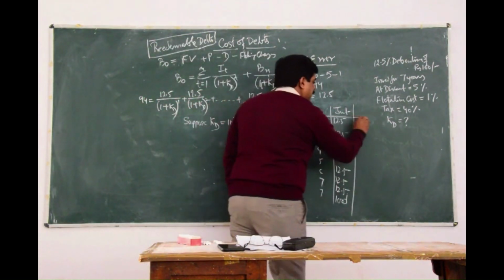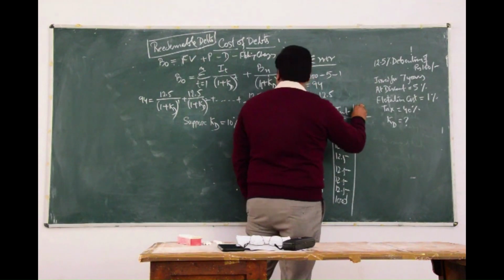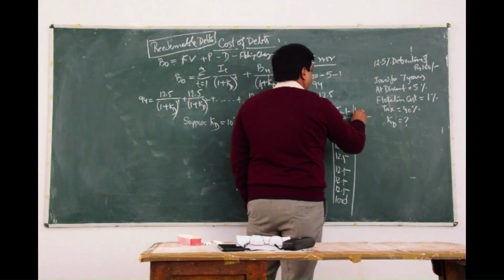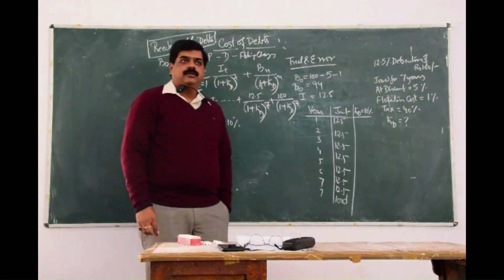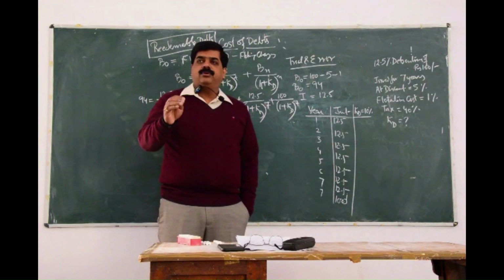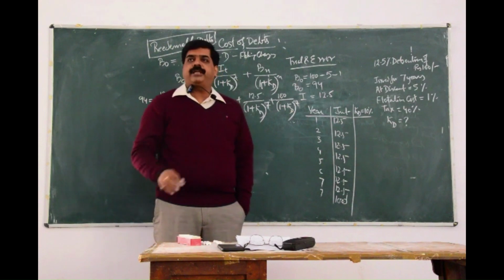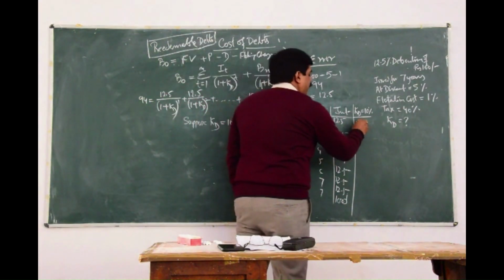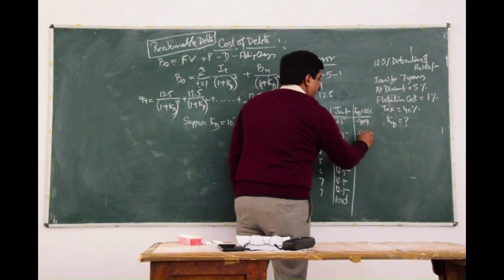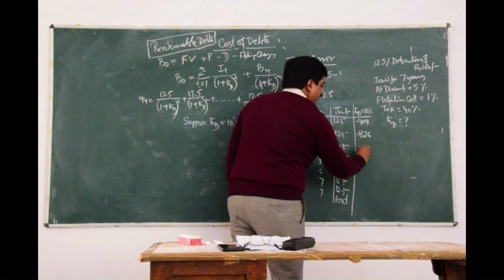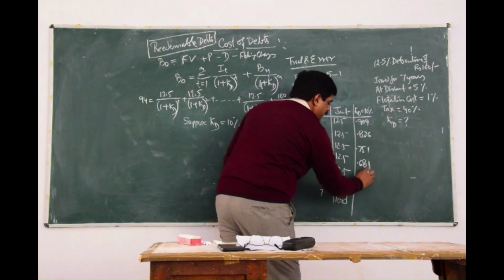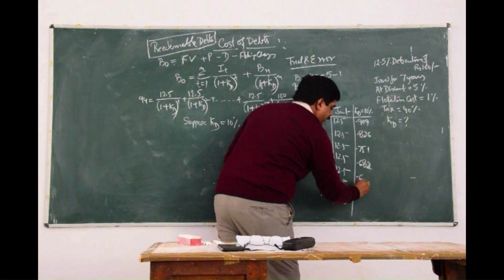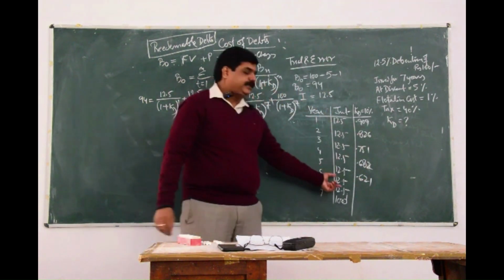You can multiply this with the present value table. We have taken KD is equal to 10%. You have to see the value of rupee 1 in the present value table, like 0.909, 0.826, 0.751, 0.683, 0.621, and the values for the 6th year and 7th year.